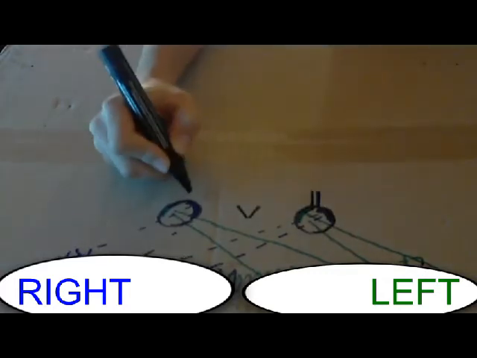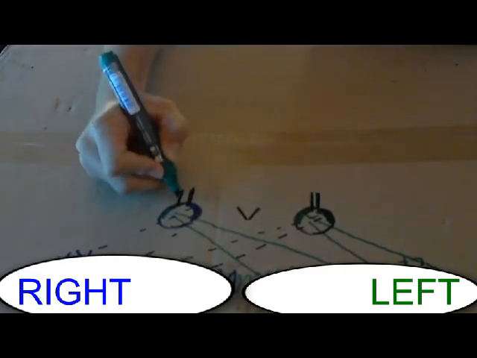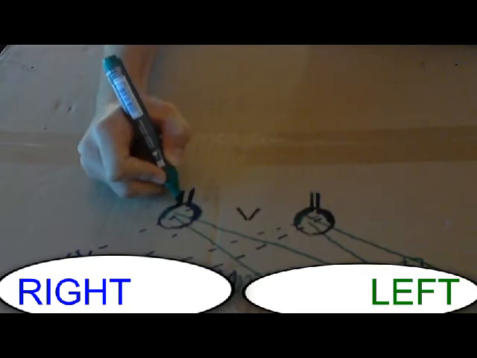The blue is now the nasal fibers giving you information from your right visual field, and the green are the temporal fibers which give you information from your left visual field. So this is optic nerve.